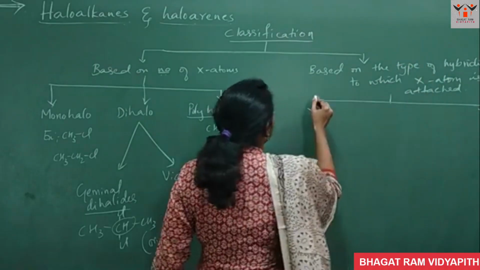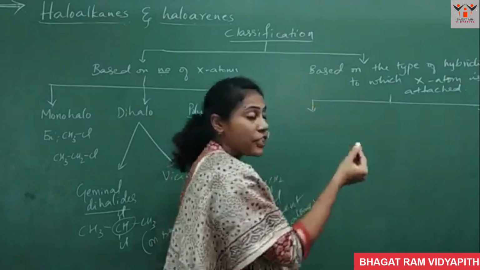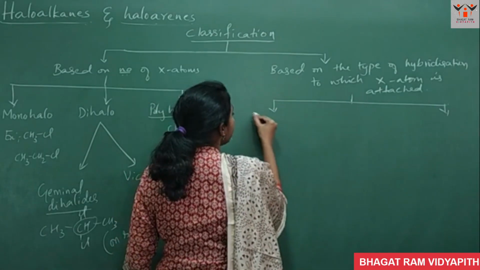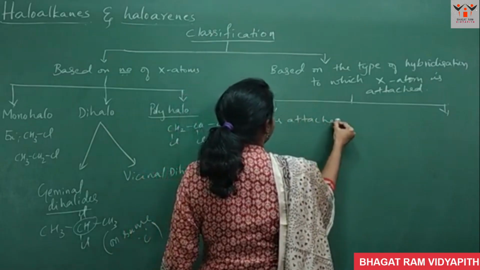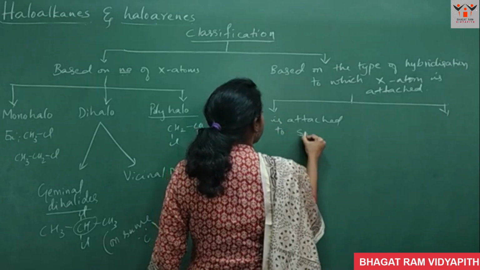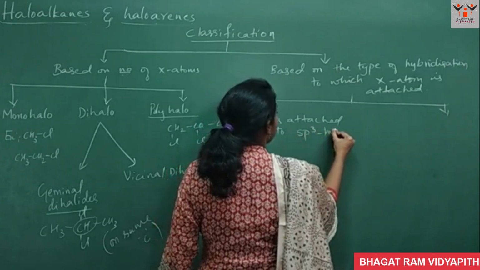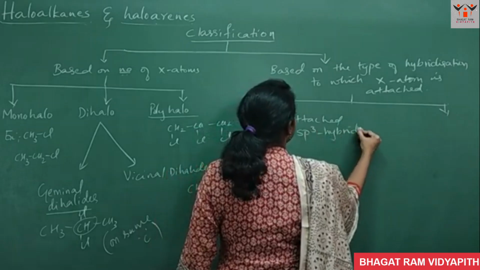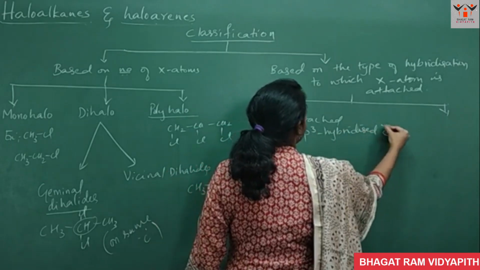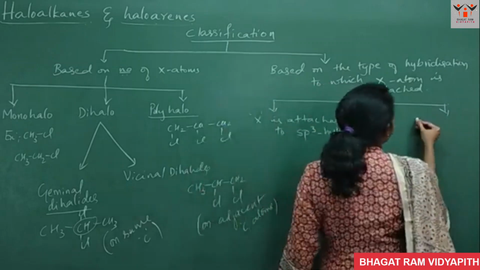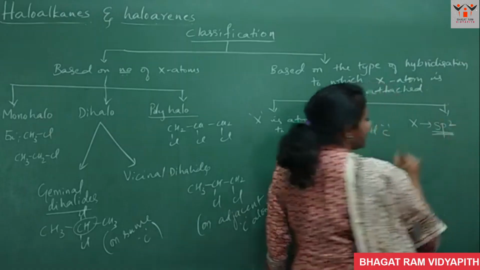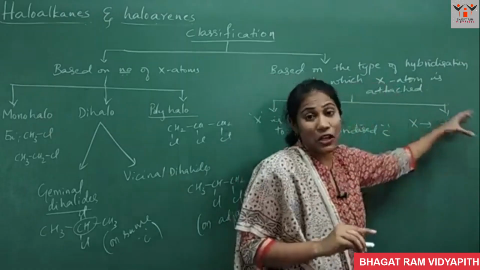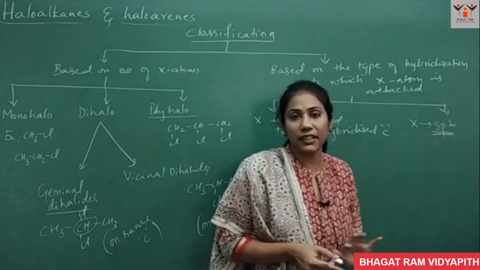One is haloalkanes, in which X is attached to sp3 hybridized carbon, and the other one is X attached to sp2 hybridized carbon. I am not writing a long sentence here, just wrote it in a shortcut way.